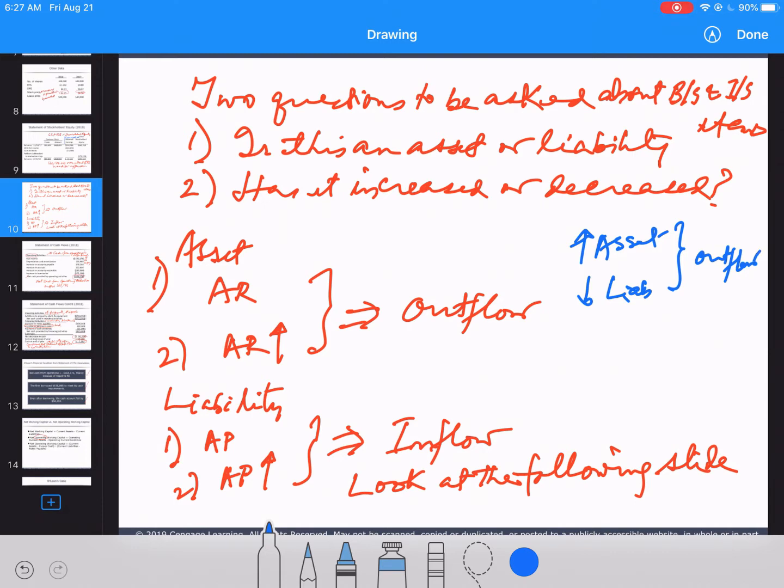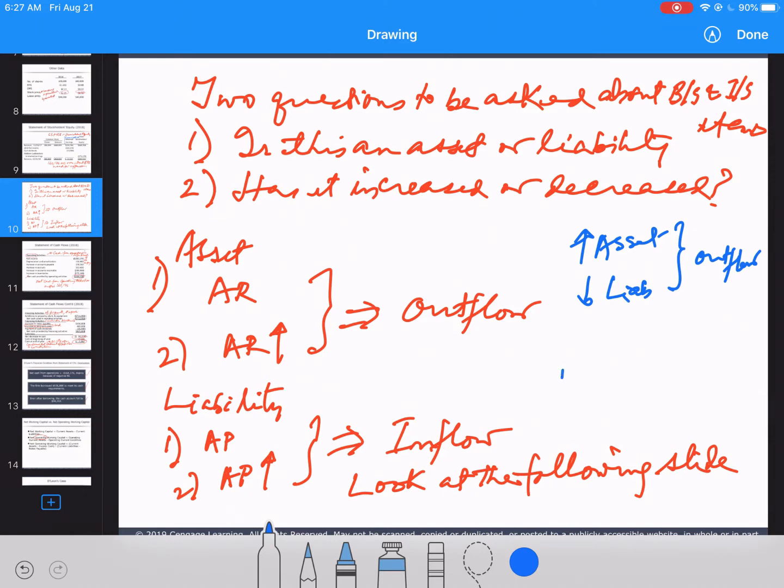And then on the other hand, you pick another item from the balance sheet, which is called accounts payable. So you say, is this a liability or asset? You say it's a liability. Has it increased or decreased? If it increases, then it's an inflow.